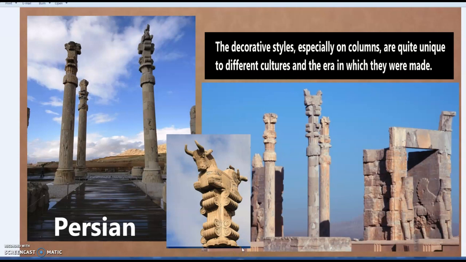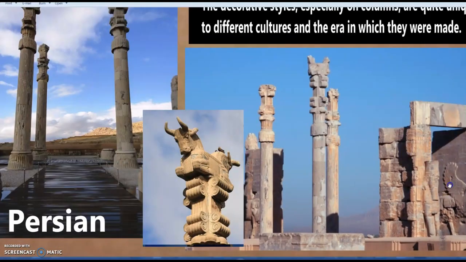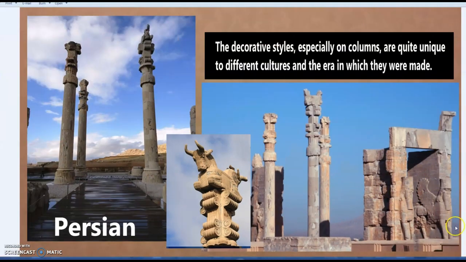So another one of the cultures, you see these are Persian or the Assyrian influence, Mesopotamian. So for instance, we see the Lamassu, which is a sort of giveaway of where we are. The winged lion with a man's head, but also this column style with the twin bulls on top.